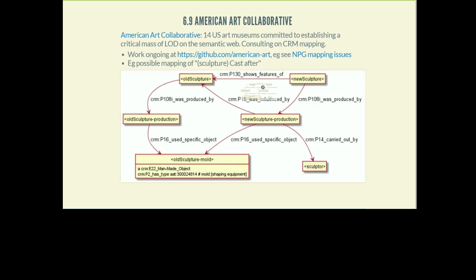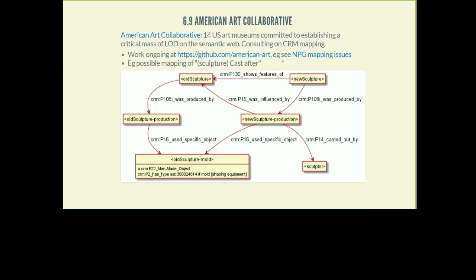The American Art Collaborative is a consortium of 14 United States museums that follow the lead of the British Museum and Yale Center for British Art. The YCBA is part of this consortium. So they're trying to model their data in CIDOC CRM, aggregate it, and implement some applications over it.